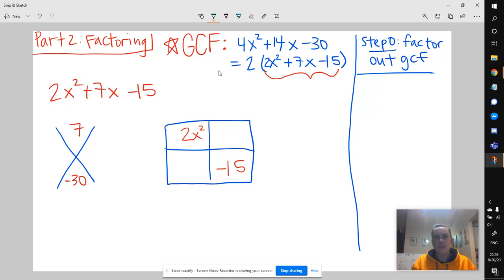If you're struggling to think of things, if it's just not coming to you straight away, that's fine. We'll write it systematically. Things that multiply to negative 30 are 1 times 30, where one of them's negative. 2 times 15, where one of them's negative. 3 times 10, where one of them's negative. And then I think 5 times 6 is the only other one.